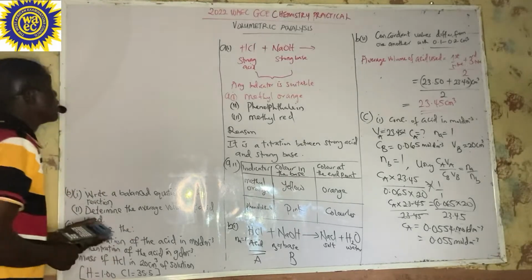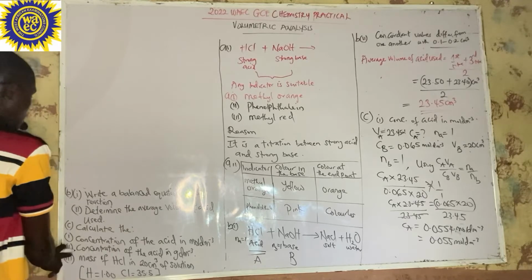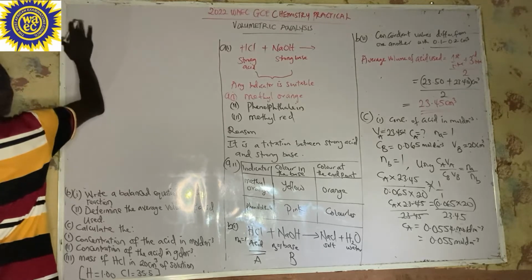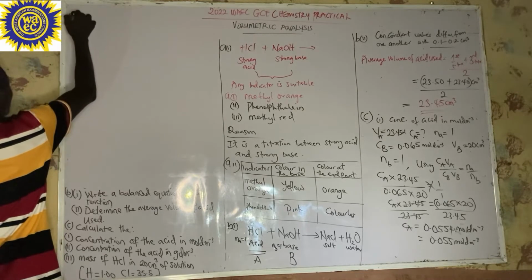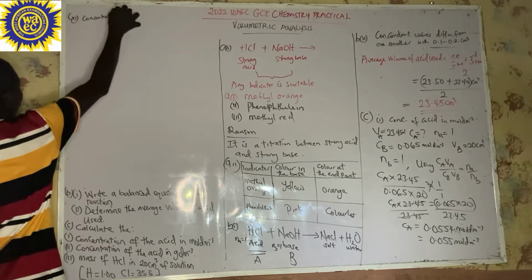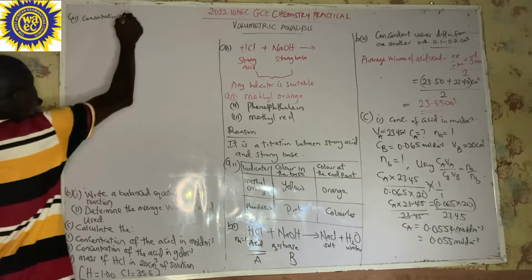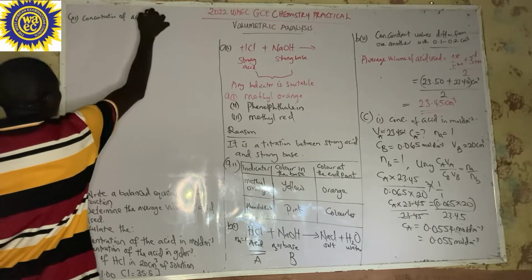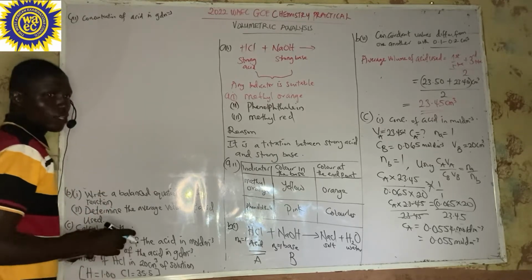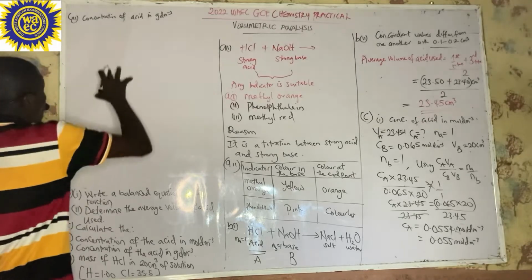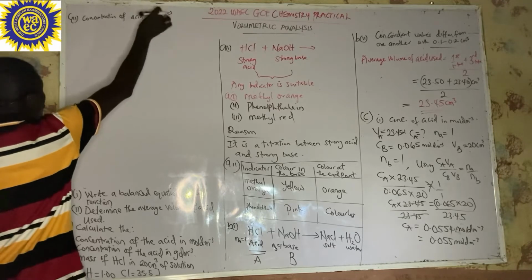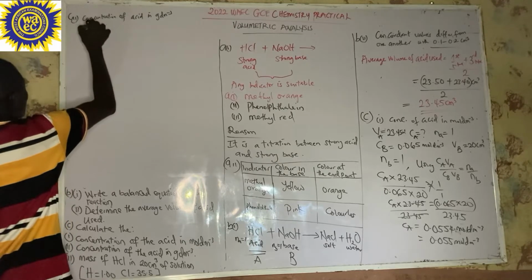So now we are asked to calculate number 2, that is C Roman 2, the concentration of acid in gram per dm cube. How do you go about it?